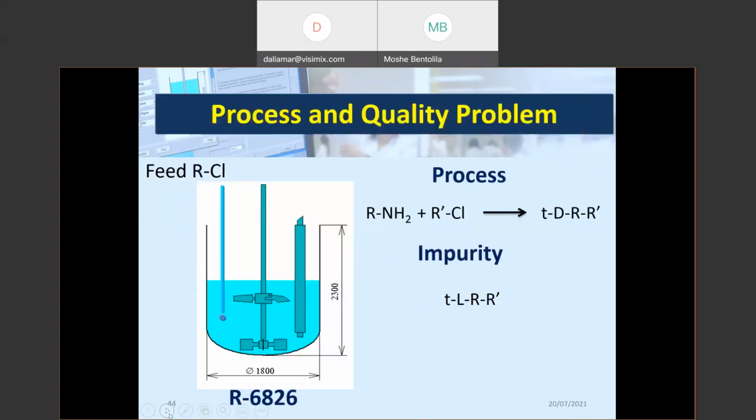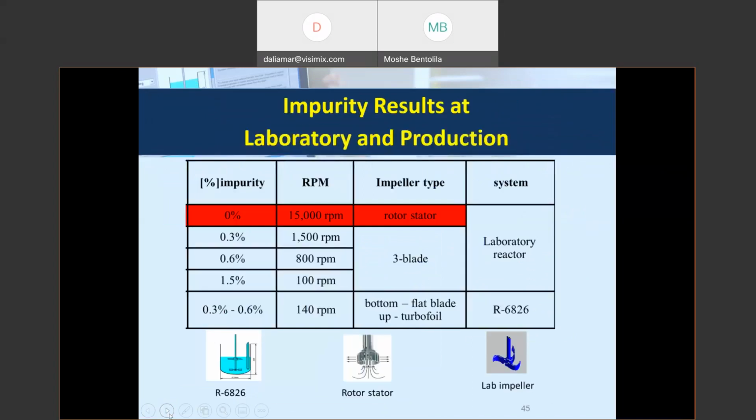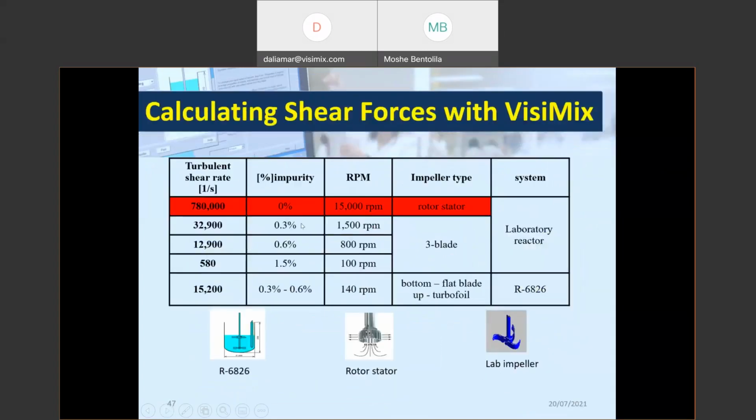Okay, and of course the sensitivity of the shear rate to the impurities of some processes. When you have impurities, you can connect directly with the turbulent shear rate or the energy dissipation, because those parameters are controlling the diffusivity when you have fast velocities. So in this case, it was clear that under this range of work that you have normally in the equipment without high shear rate, this is the order of magnitude that you can generate.